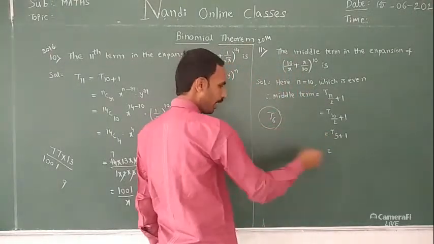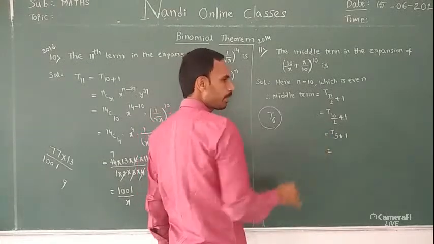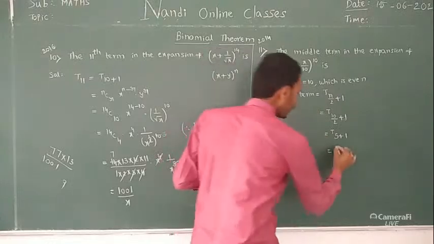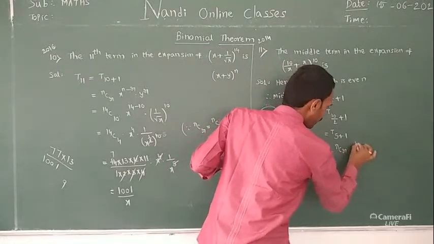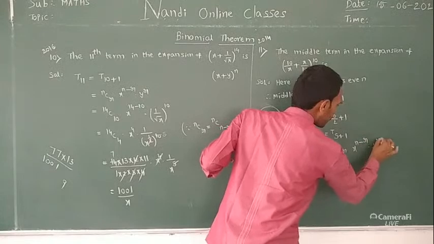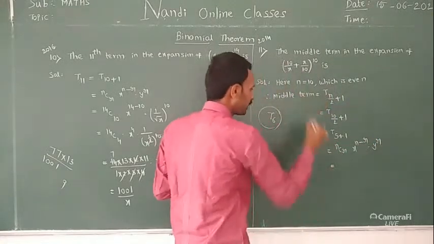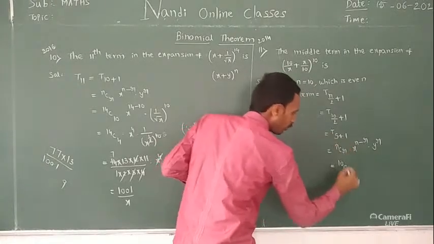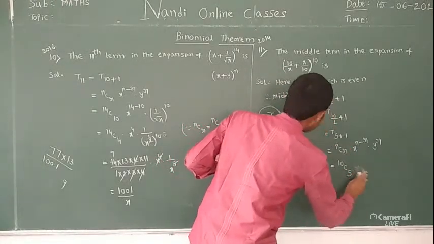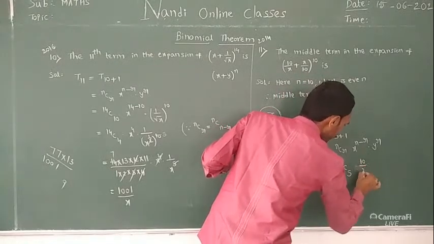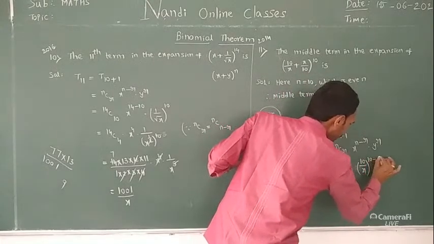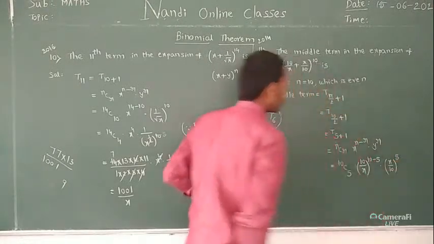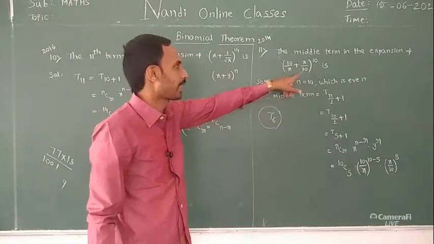But I want that value. It is in the form T_(r+1) = nCr x^(n-r) y^r, where n is 10 and r is 5. So T_(5+1) = 10C5 (10/x)^(10-5) (x/10)^5. Here the first term is x, the second term is y.